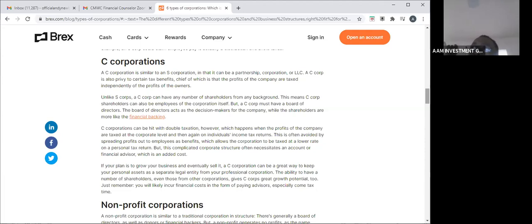You can be a one owner corporation. However, you cannot be a one owner nonprofit. By law, you must have a minimum of 3 individuals: a president, vice president, and a secretary in the nonprofit. Okay.